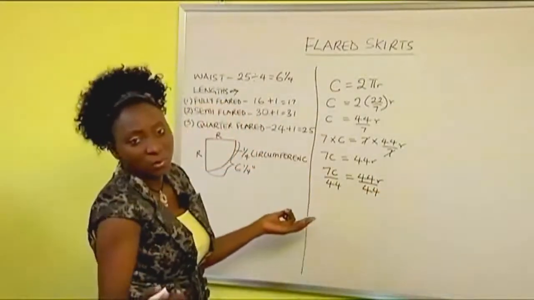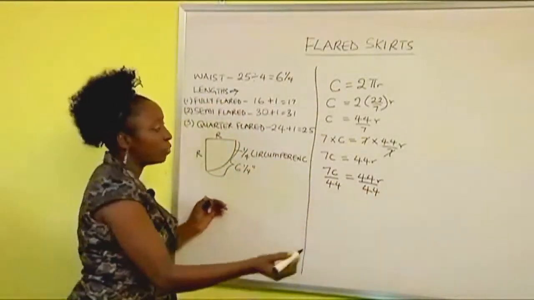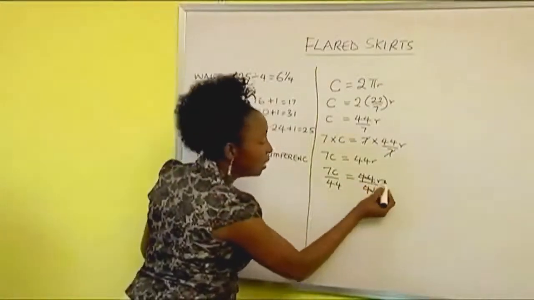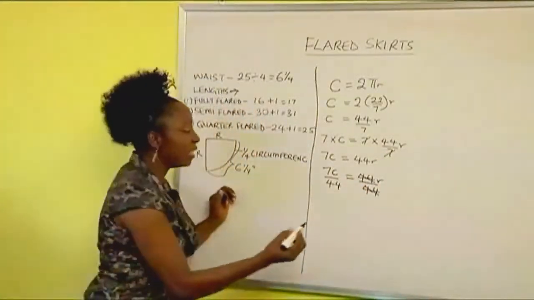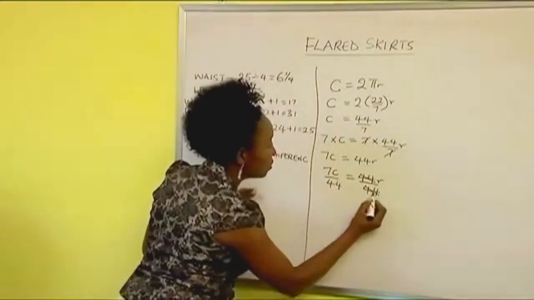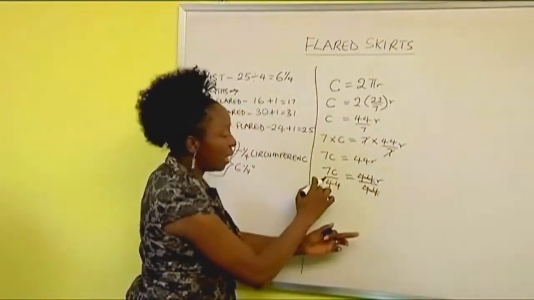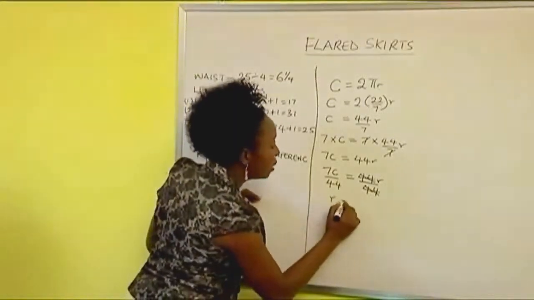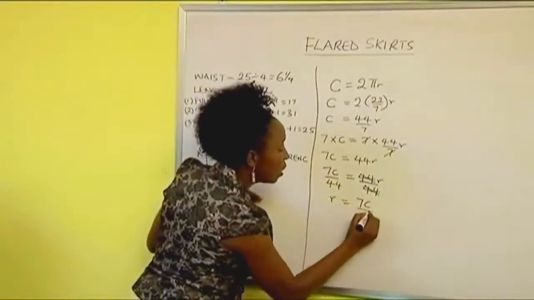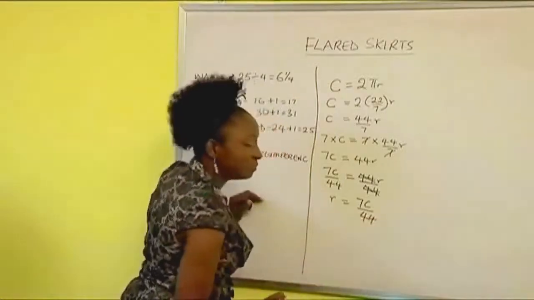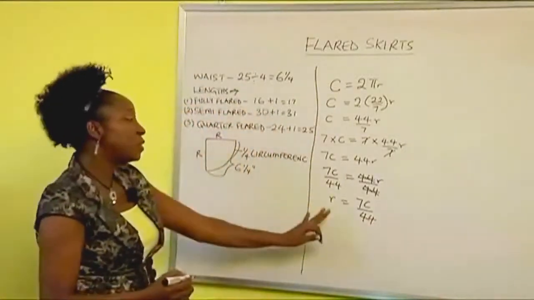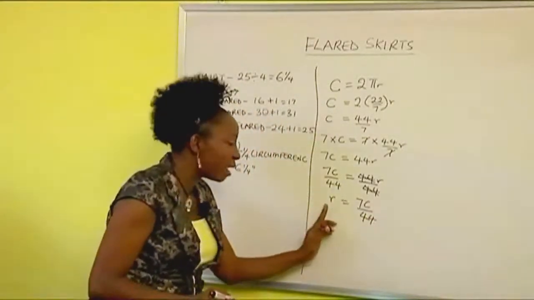Now once I've done this, I just cancel 44 with 44, and then what I'm left with is r. You can see that. So now I'll change this to the other side, and that will be r equals 7C/44. Easy.